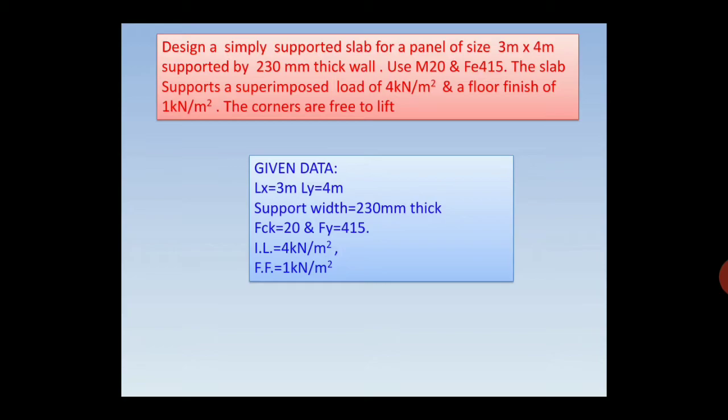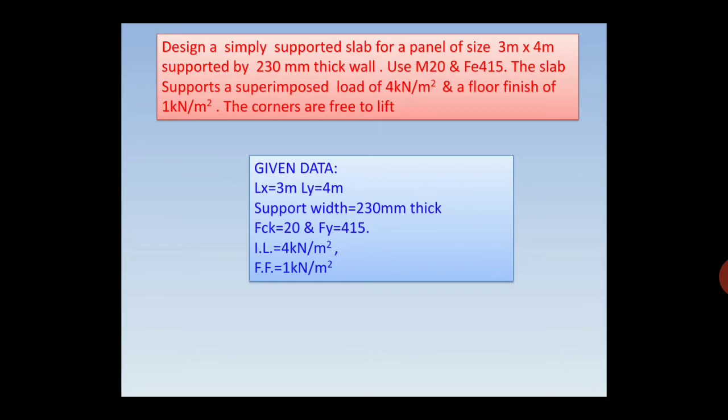Lx, which is the shorter span always, is 3 meters. Ly, which is the longer span, is 4 meters. The support width is 230 mm. If by chance the support width is not mentioned, you can assume a suitable support width. Then the grade of concrete is M20, that is fck is 20, and we have steel of grade 415, that is fy is equal to 415.